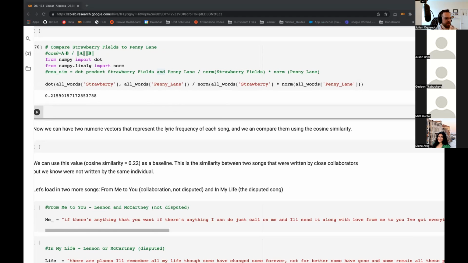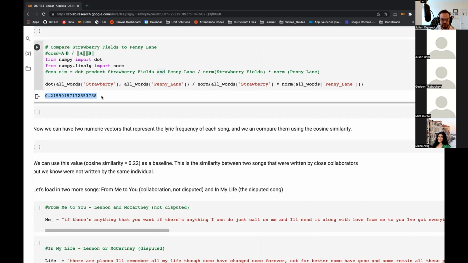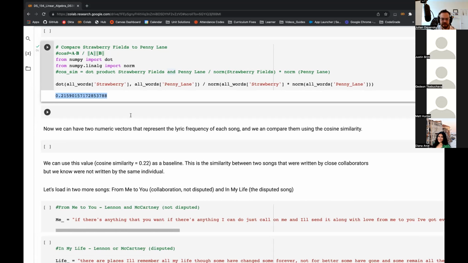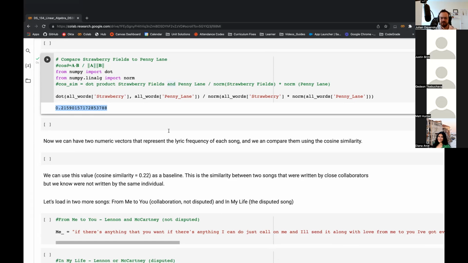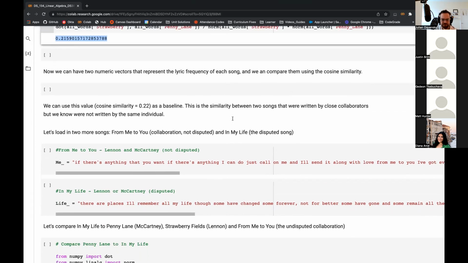Our baseline can serve as: the similarity when they're working independently ends up being 0.21. So the question ends up being, for the songs when they were collaborating, is the value greater than when they were working independently?